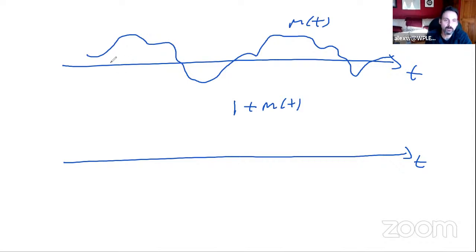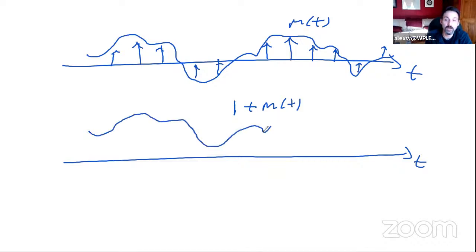Same shape, but now I'm shifting it upwards, trying to make it all positive. So now this is 1 plus m(t).